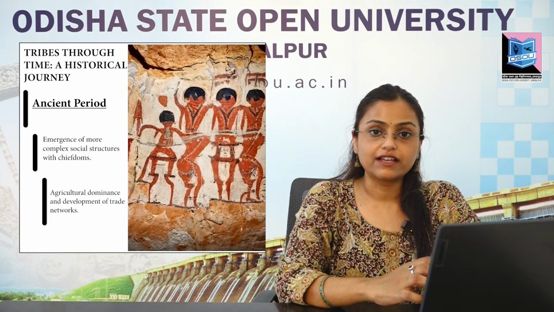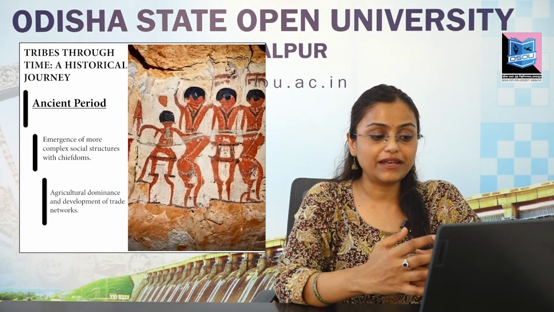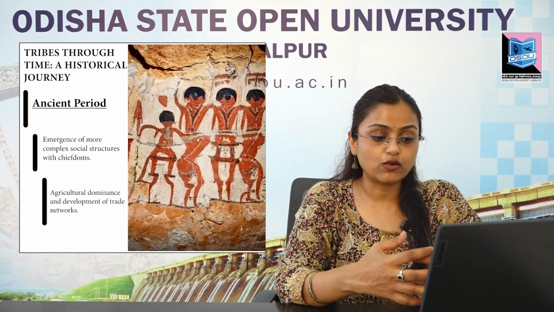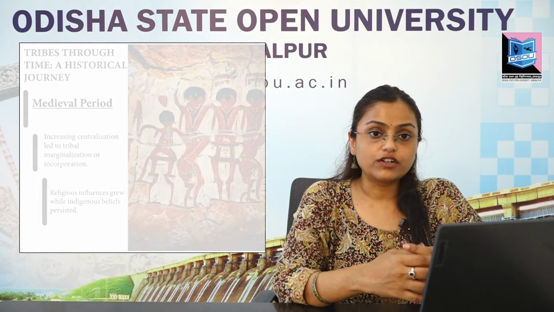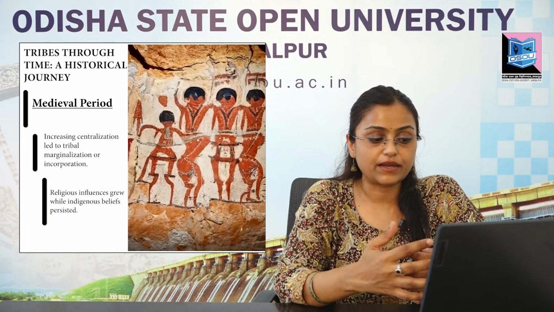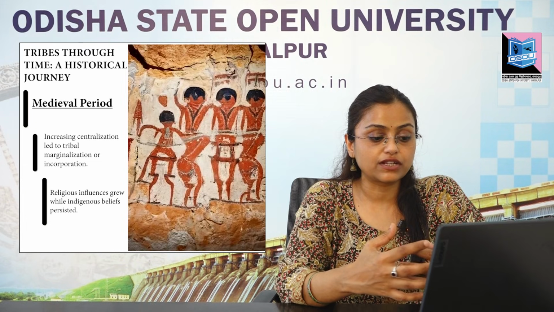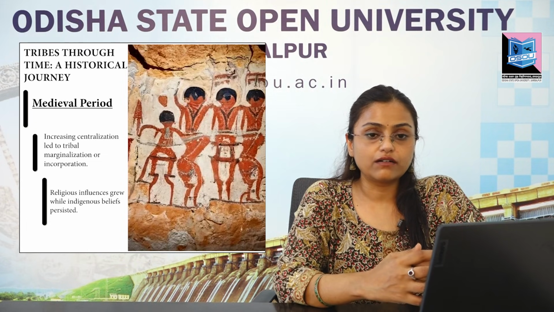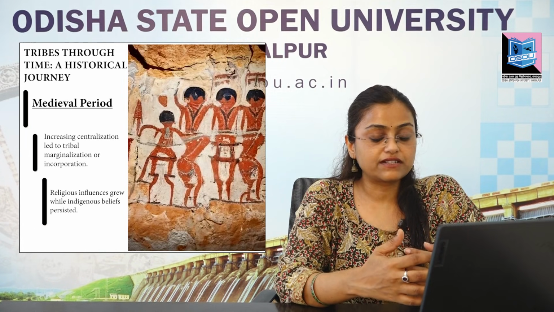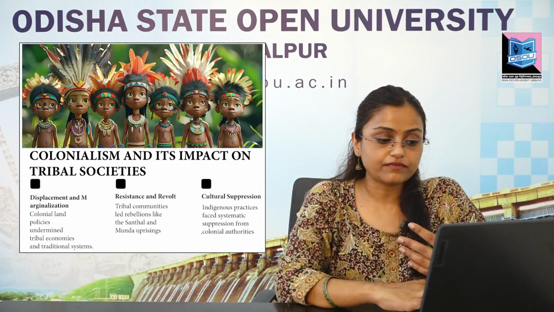Now, looking at the characteristics of tribes in the medieval period, we see that many tribes were absorbed into larger kingdoms and states. Some tribes lost their independence, while others continued to maintain their traditional ways. Religious influences also grew, but tribes preserved many of their indigenous customs.